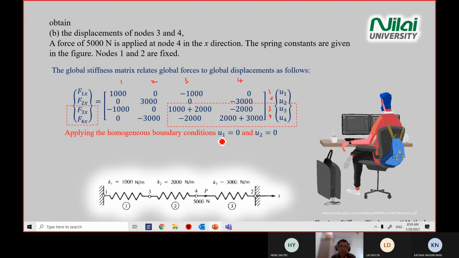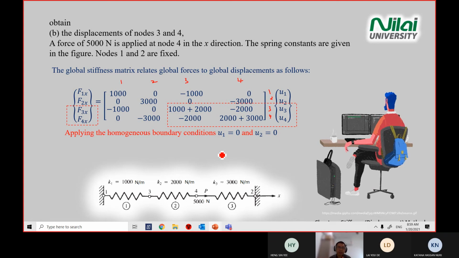Try to understand what you are trying to do. After applying the boundary condition, we look at the general matrix and try to find an easy way to solve the problem. In this case, U1, U2 is 0, so the only ones left are 3 and 4.